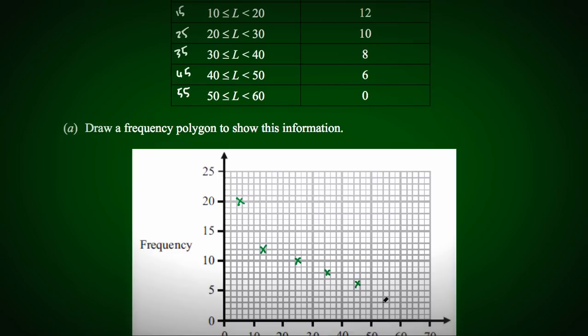And 0 at 55. And then connect each of these with a straight line. And that's the frequency polygon.